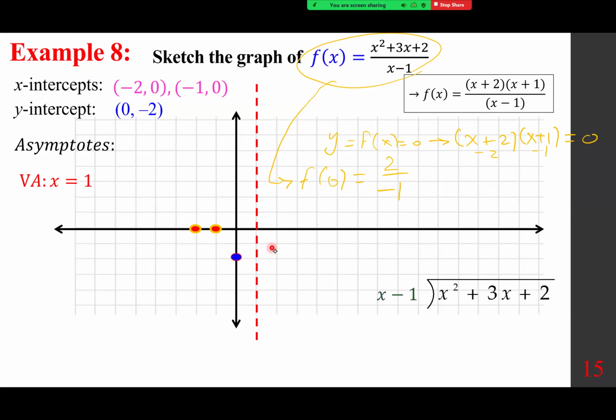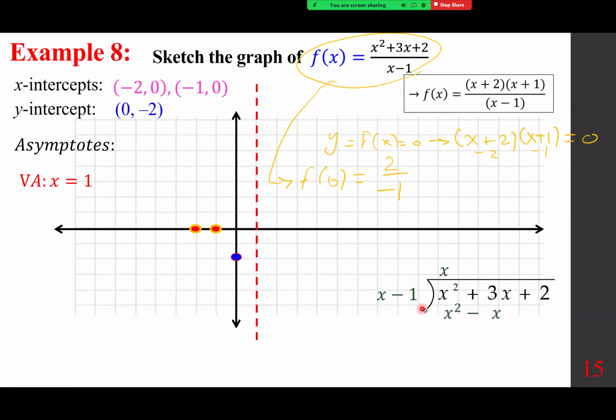We are going to divide the top by the bottom using long division. To do the long division, you divide the first term by the first term, you get x.